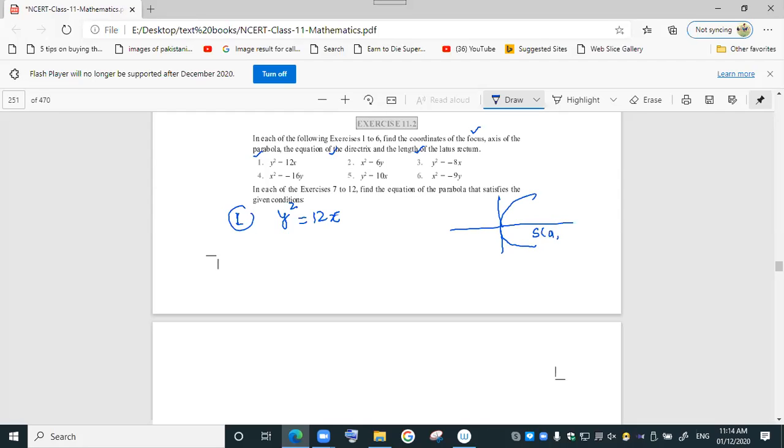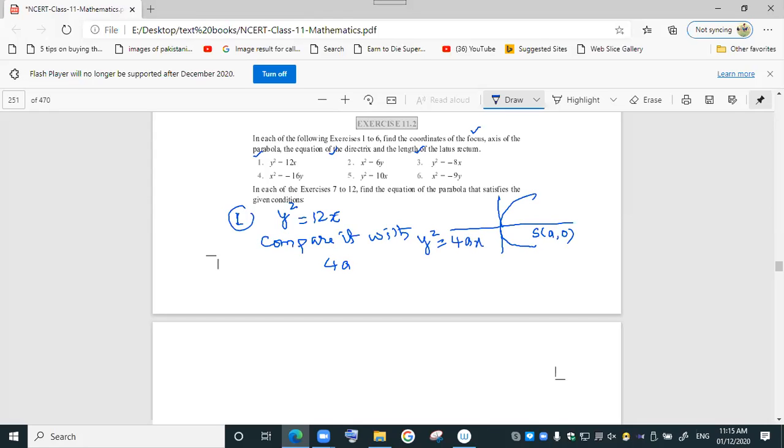First, we have to find the coordinates of focus a, 0. Because this is a right side parabola, compare it with y square is equal to 4ax. That means 4a is equal to 12.